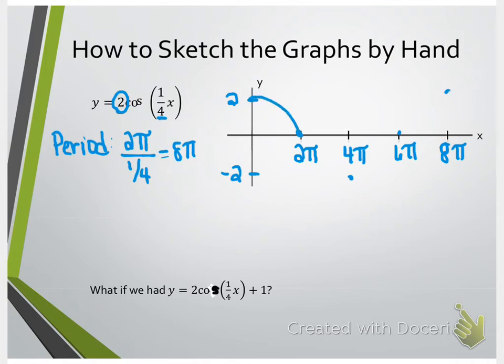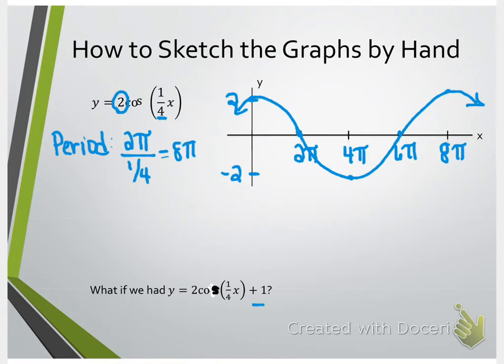And it looks something like that. Okay. Again, if I wanted to compare it to the graph on the other page, this one would be much more stretched out, because remember the other one did its whole period before you even got to pi.